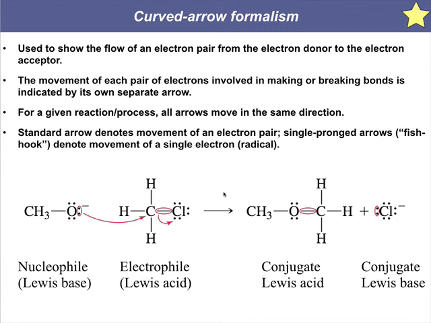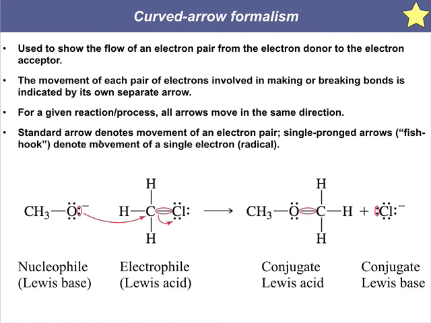You'll notice in all of these reactions that each pair of electrons gets its own arrow. So the pair of electrons from the O to the carbon gets its arrow, and the pair of electrons from the bond to the chlorine gets its own arrow. For all of these reactions, you will notice that all arrows are moving in the same direction. They go head to tail. All of the electrons are moving from left to right in this case, from head to tail.